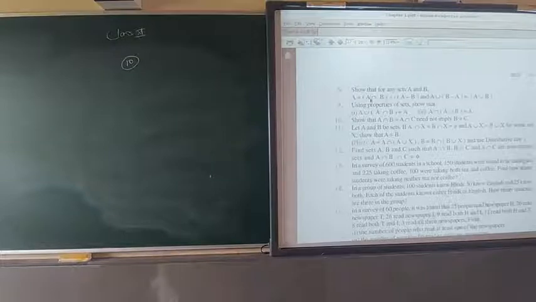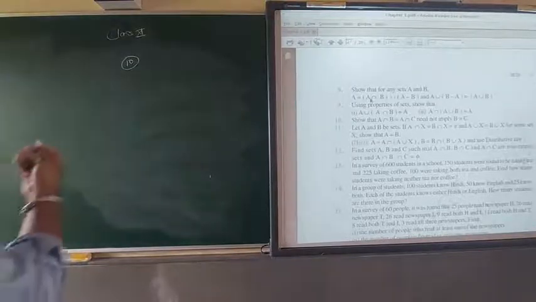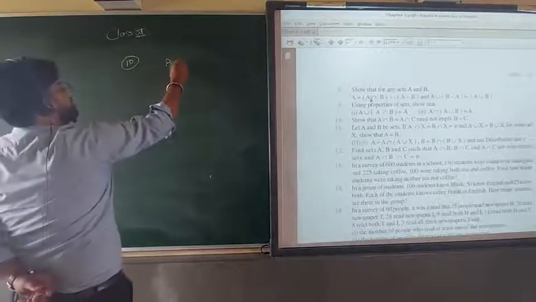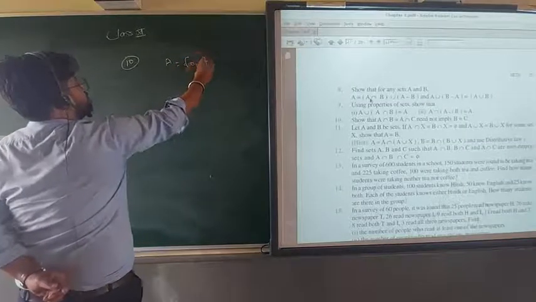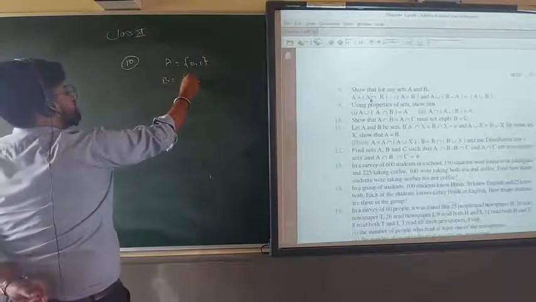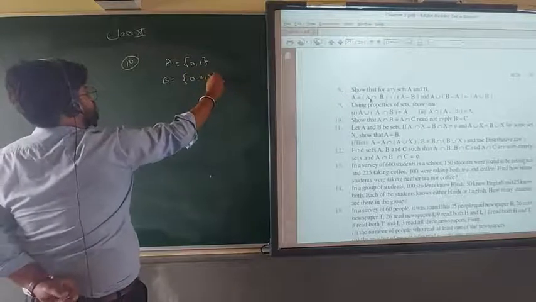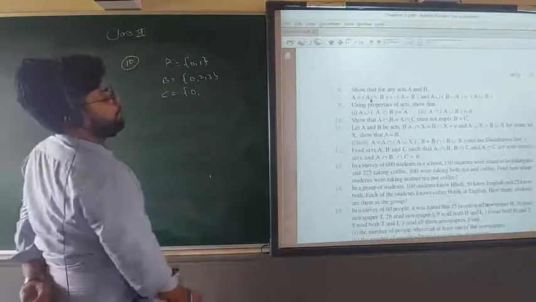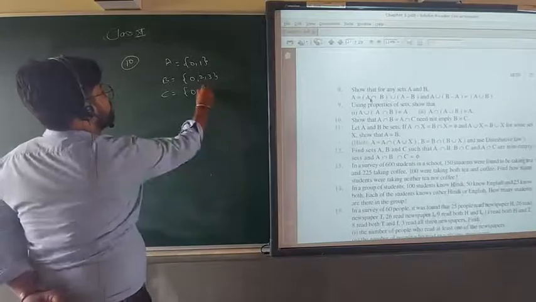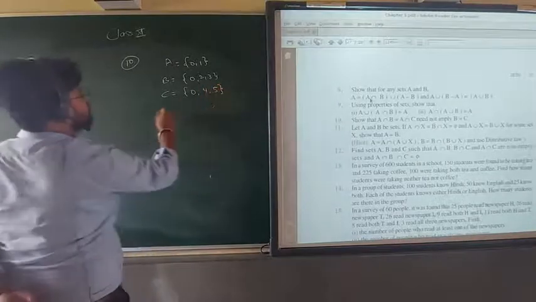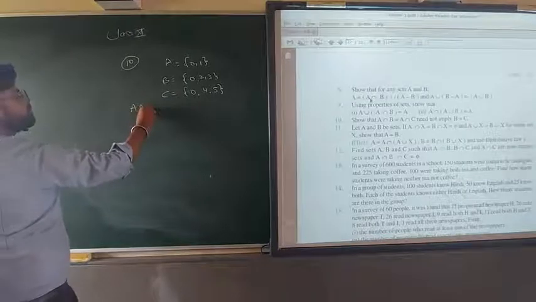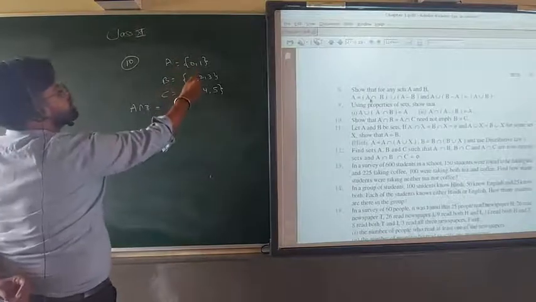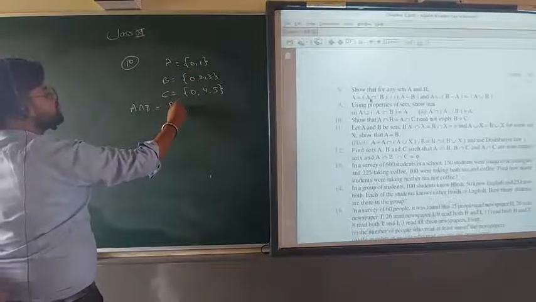So I will take the set A as {0, 1}, then B will be the set {0, 2, 3}, and C I take as {0, 4, 5}. Let's see what is A intersection B. What is the common part? It will be 0.